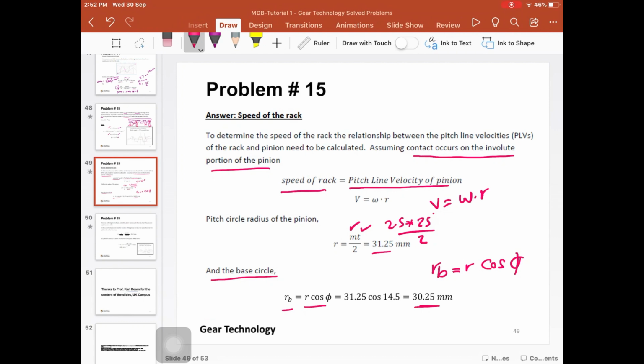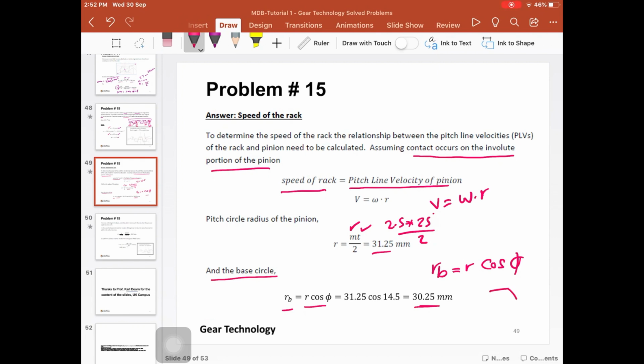The base circle radius does not change regardless of any errors or any changes in the center distance. If any change happens, the location of the contact point can change, but the base circle does not.